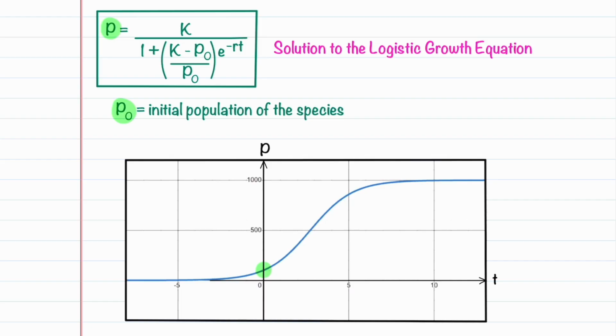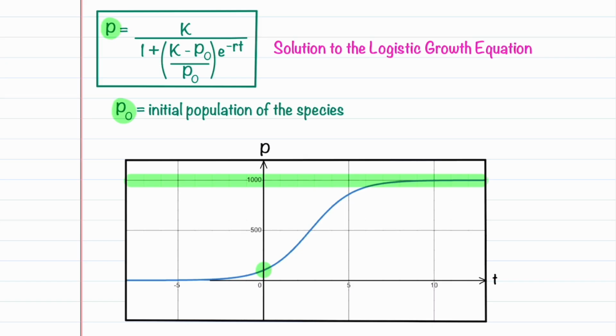Time t equals 0 is just the time when the population is first observed. I also assumed that k, the carrying capacity, was equal to 1,000. You can see that the population grows and eventually approaches this carrying capacity.